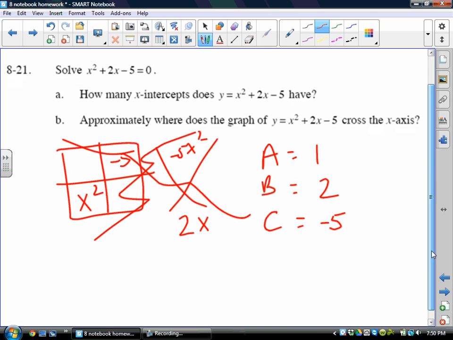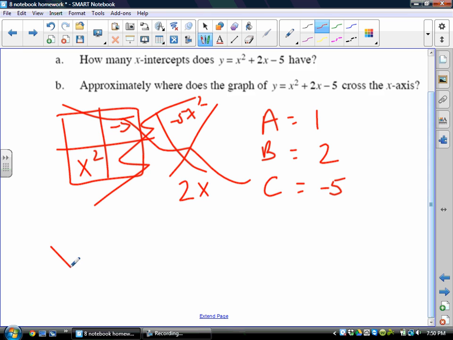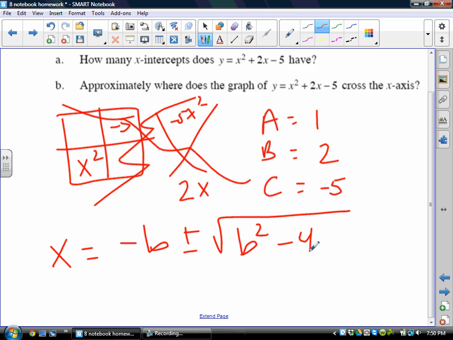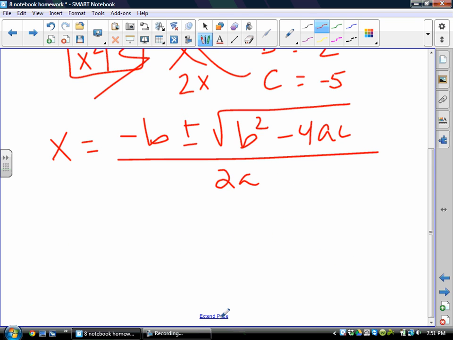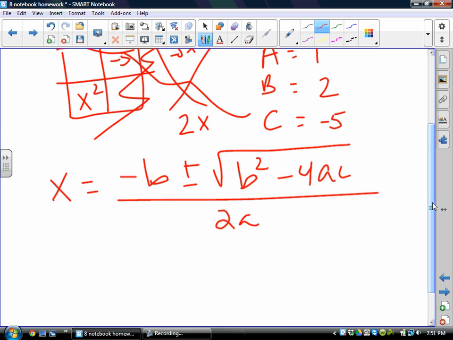Okay? So quadratic formula is x equals opposite of b plus or minus square root of b squared minus 4ac, divided by 2a. So we're going to plug in the values. Okay, so x equals, we're trying to find the x-intercepts here.